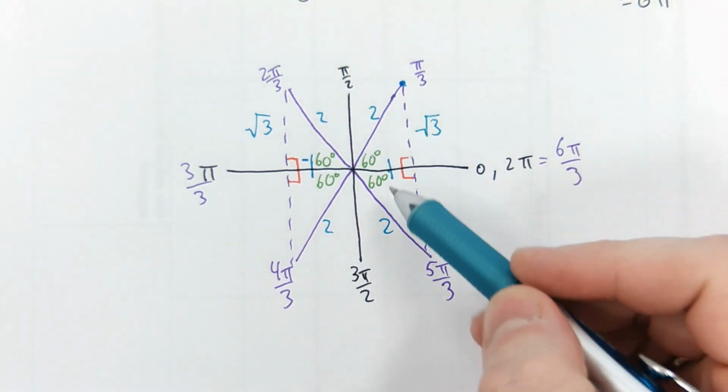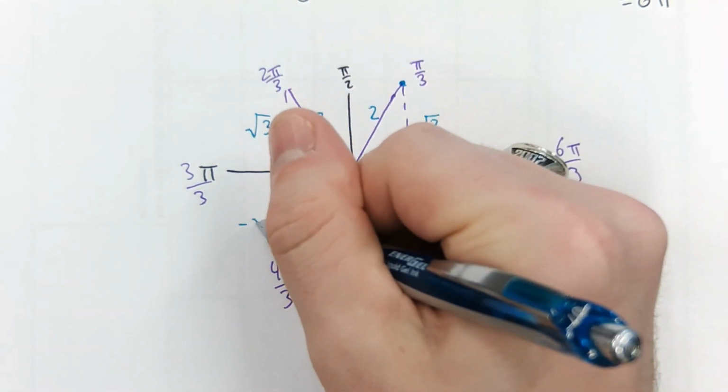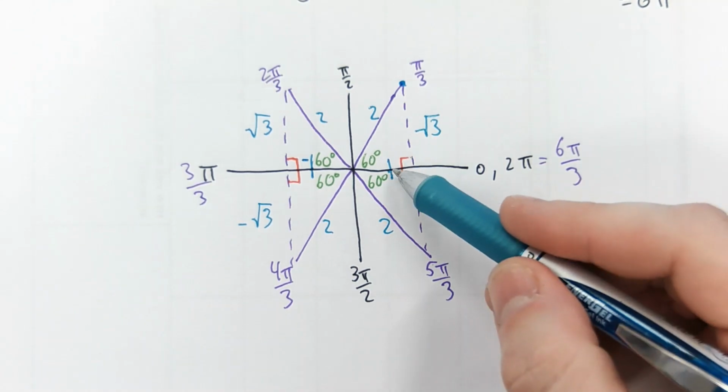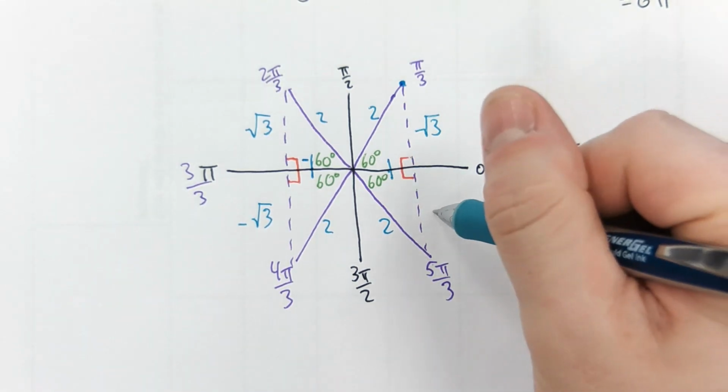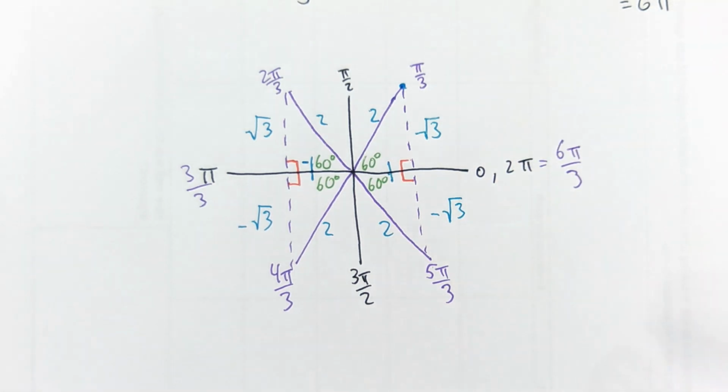In quadrant 3, both x and y are negative. And in quadrant 4, x remains positive, but y is negative. These are the 4 60-degree reference angles.